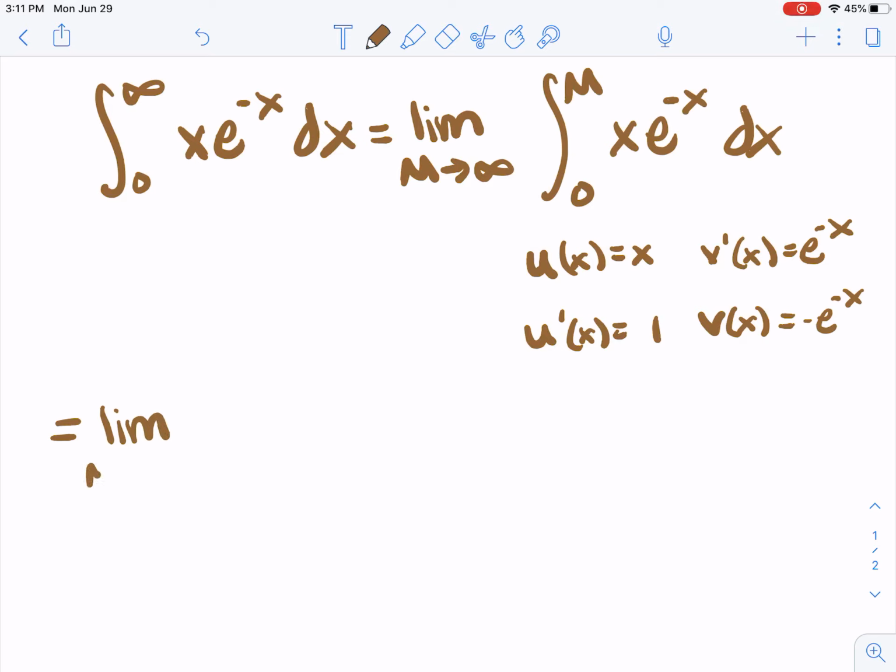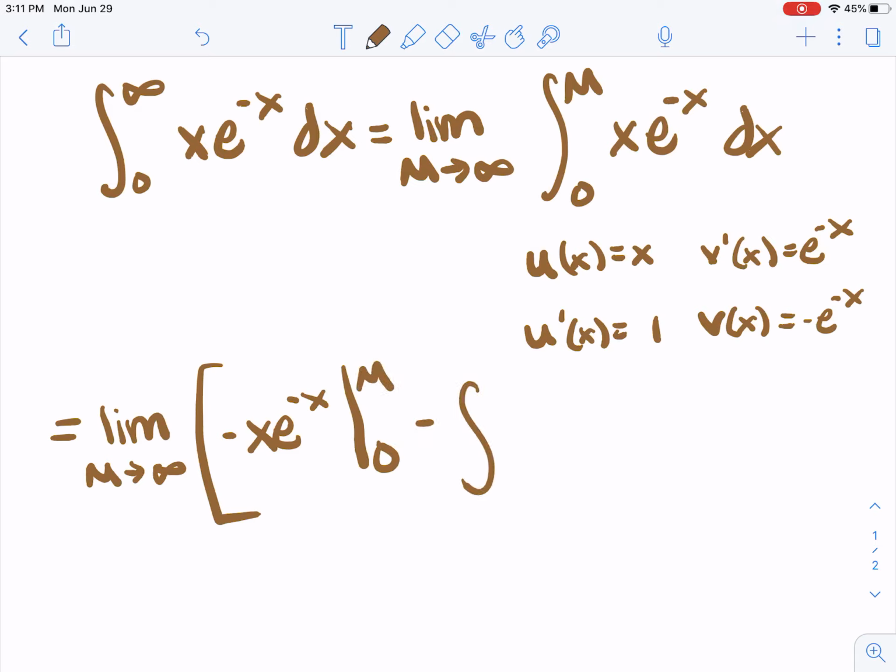So our integral, we have the limit, and our integral is, from integration by parts, u times v, so minus x e to the minus x, from 0 to m, minus the integral of v times u prime, so that's a negative e to the minus x dx, from 0 to m.